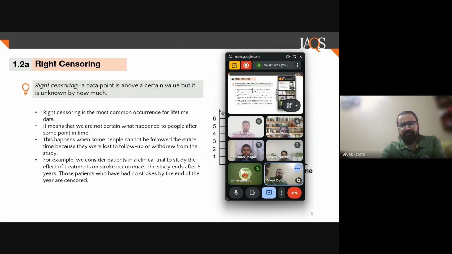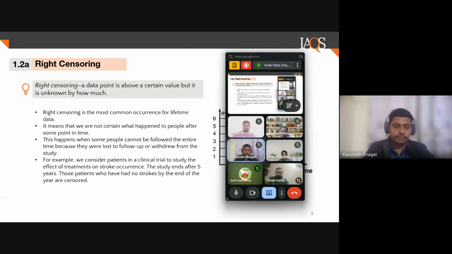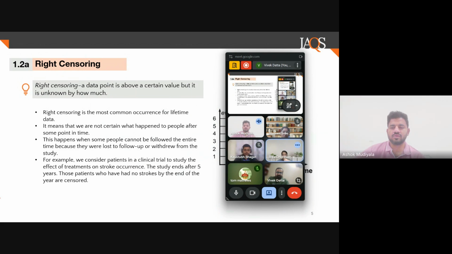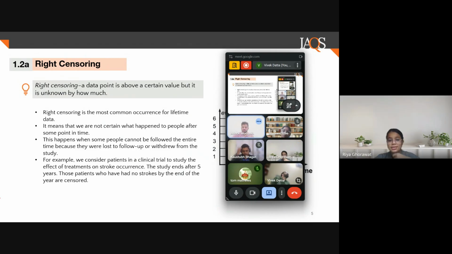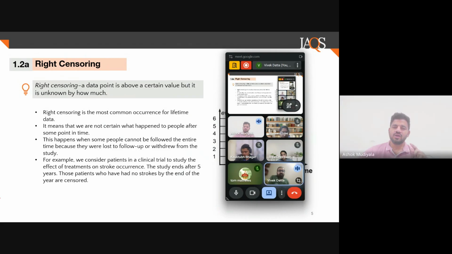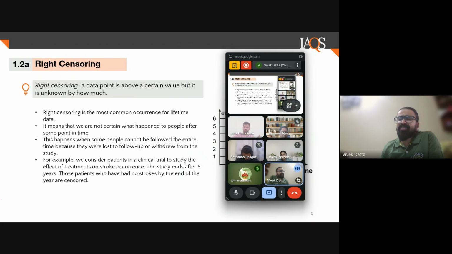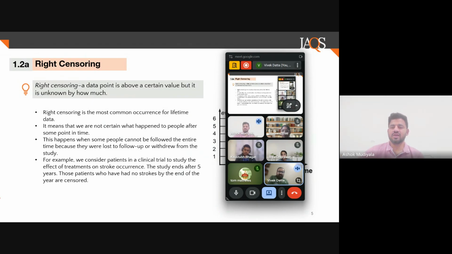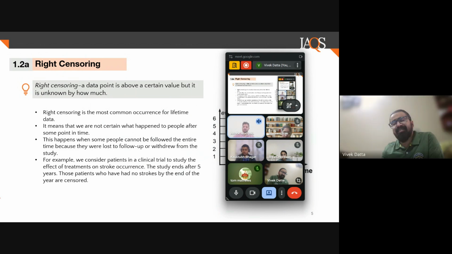So sir, what is the difference? I'll go first. If the student withdrew because the course is difficult, then that is informative censoring, because we are tracking the toughness of the course or how difficult the course is. That's our experiment. If the withdrawal is for different reasons, like father's transfer or something, that is non-informative censoring because it is not related to the case study.